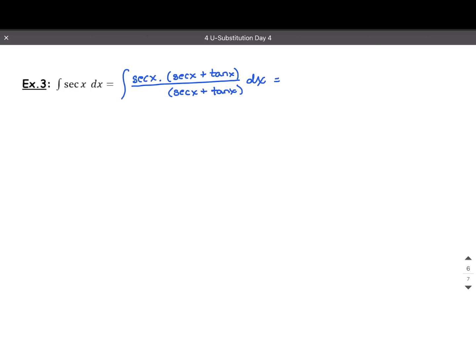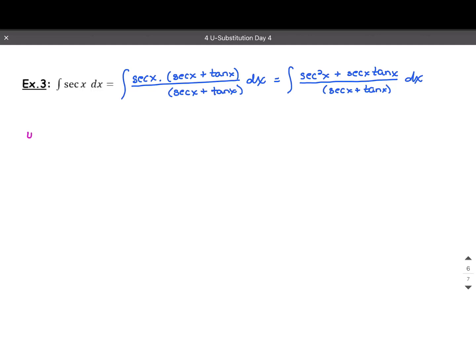All right, now I'm going to distribute in the numerator. So secant times secant is secant squared x, plus secant times tan is secant x tan x, and that's all over the denominator, secant x plus tan x dx. Now I'm going to do a u substitution.